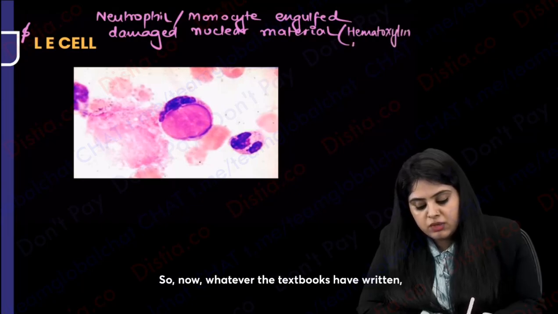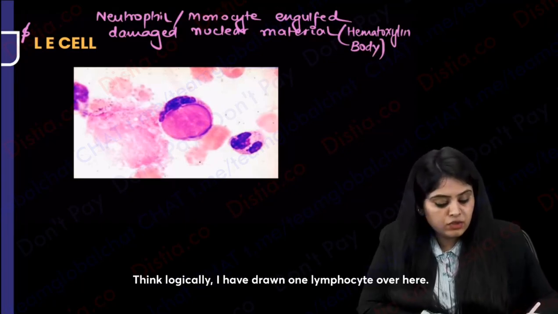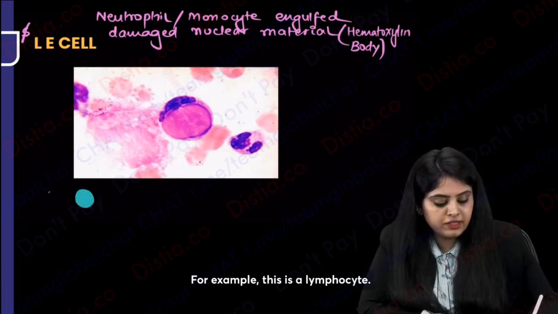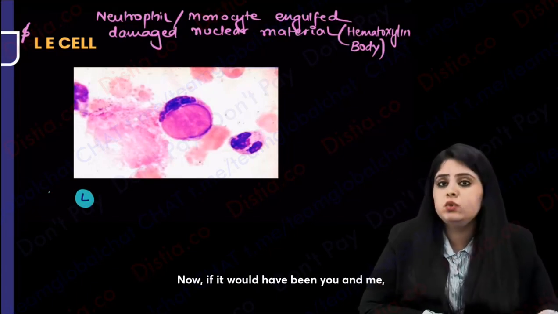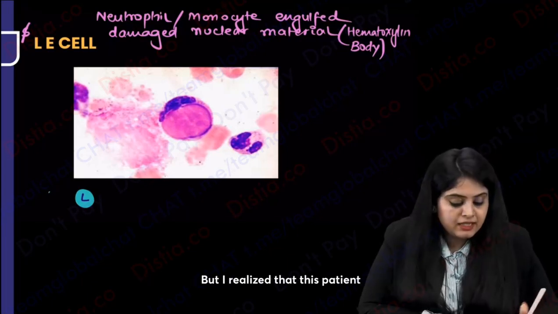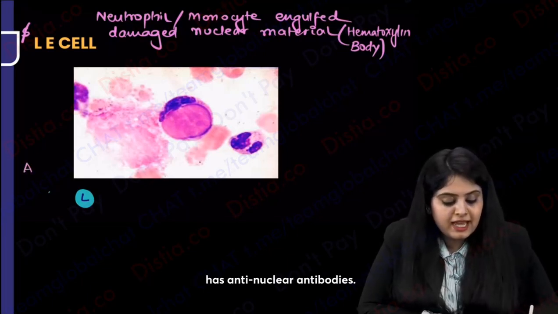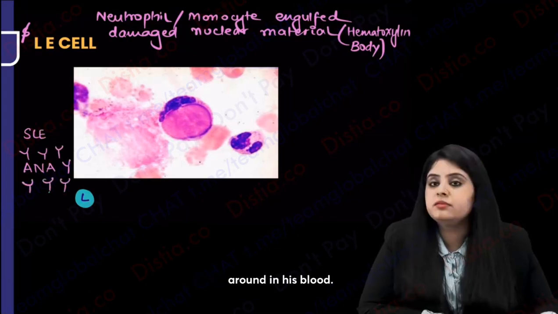So now, whatever the textbooks have written, I have to put some sense into it. Think logically. I have drawn one lymphocyte over here. For example, this is a lymphocyte. Regular, normal cell of your body. Now, if it would have been you and me, my lymphocyte would have been roaming around normally. But I realized that this patient has anti-nuclear antibodies. This is a case of SLE. The patient has anti-nuclear antibodies roaming around in his blood.